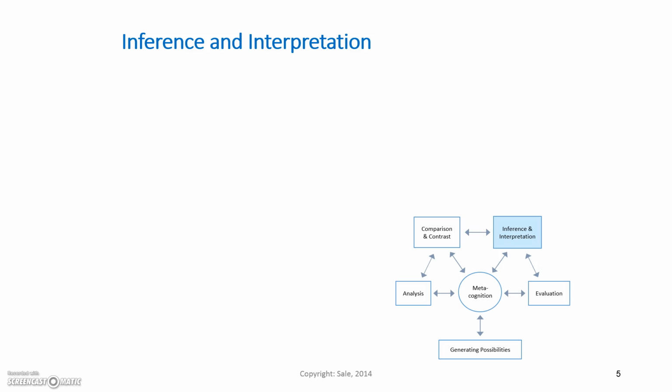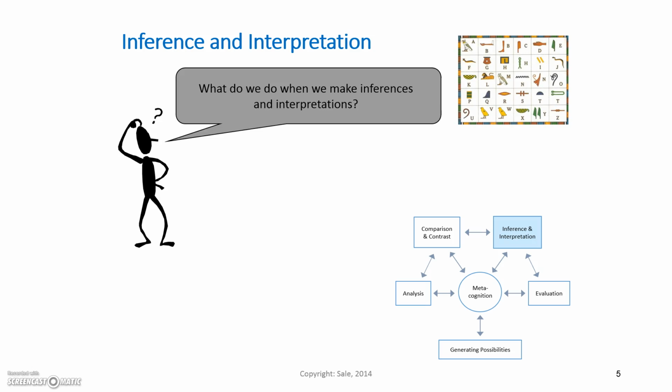Inference and interpretation is about pulling things together. It's about getting the big picture. And perhaps it's the more challenging thing to teach, as we'll see a bit later, because there's a lot to it. We need people to understand that when we say things, there's often intentions and assumptions in what's said, and particularly in data.